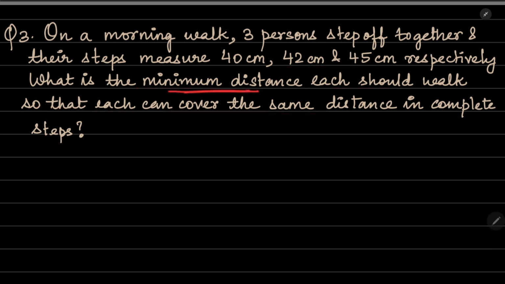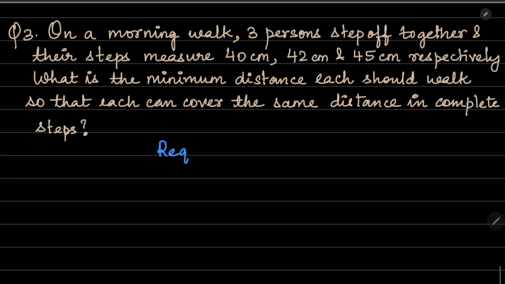So the minimum distance, the number that is asked, you have to think whether that number is less than the given number. Can it be that the minimum distance that each one should cover is 30 centimeters? Is it possible that they have to cover 10 centimeters? It's not possible. So what you have to know is the required answer is bigger than the given data.